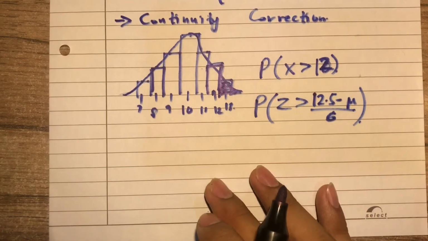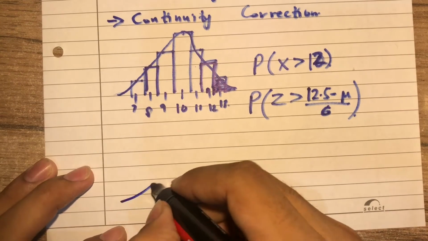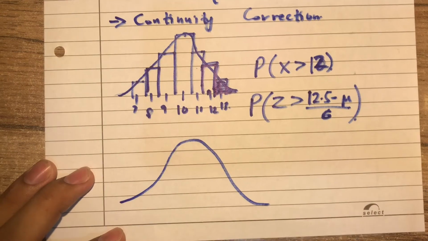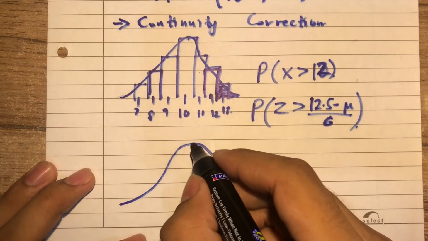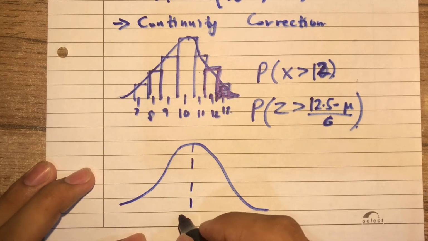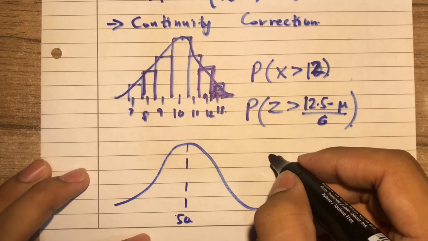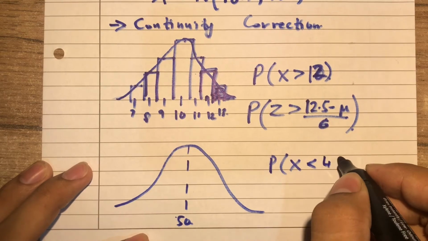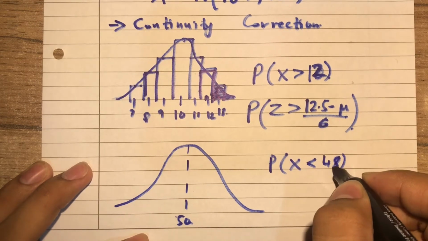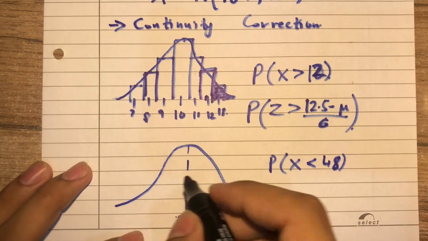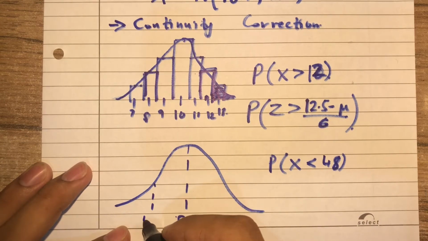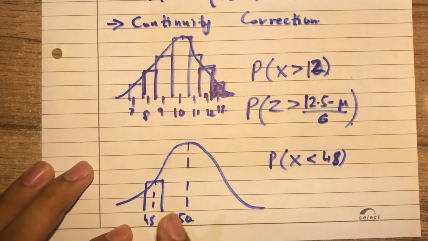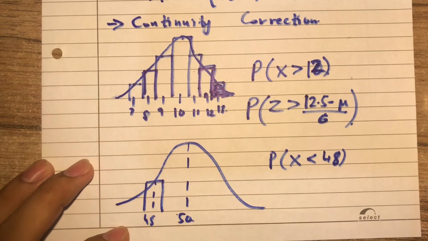Similarly, if for example this is the curve of the binomial that we've converted to a normal, the mean over here is, let's say, 50. You have to find the probability of x less than 48. So we'll have 48 somewhere over here, and originally it would have a histogram bar like this.